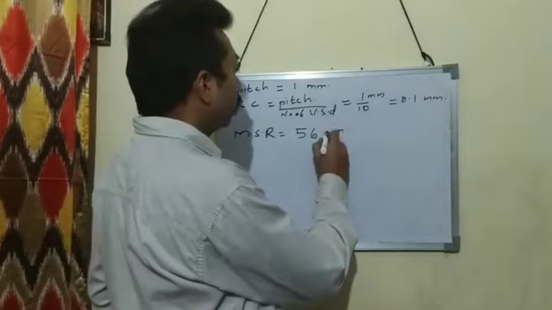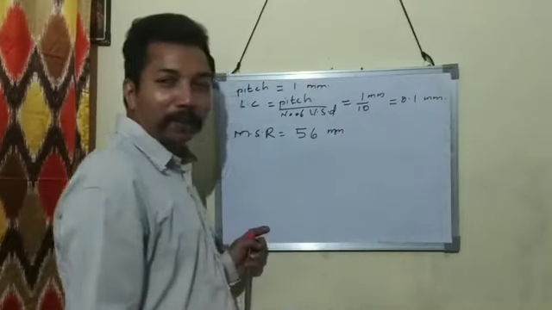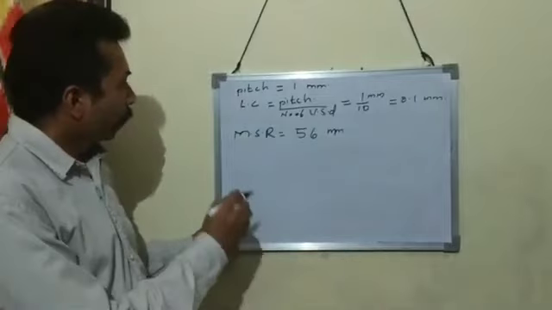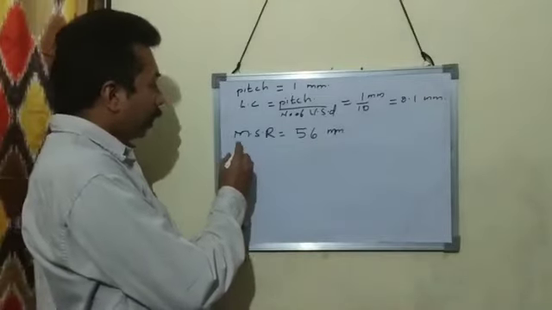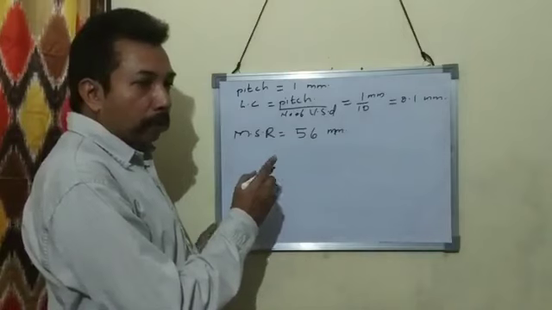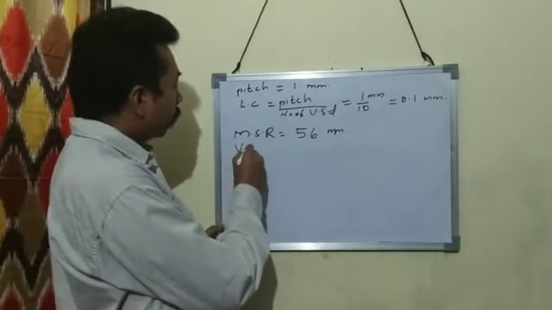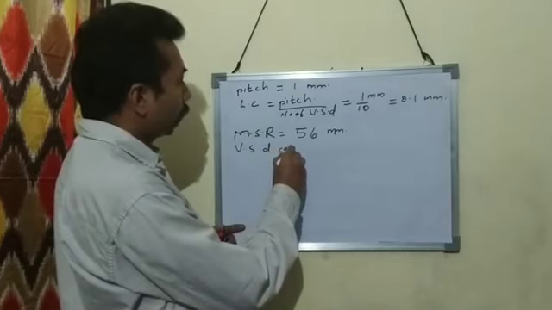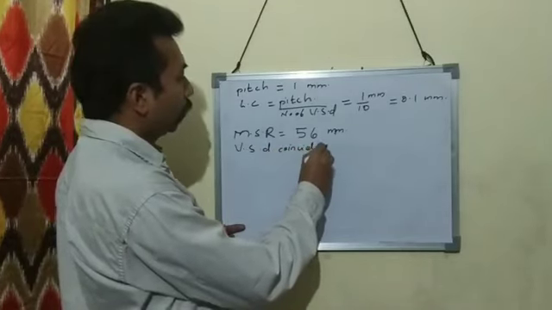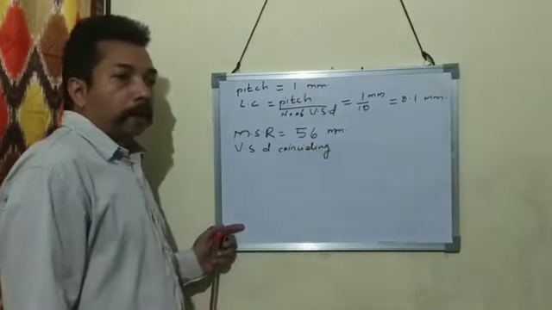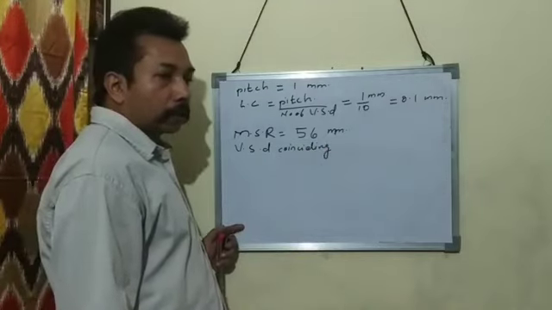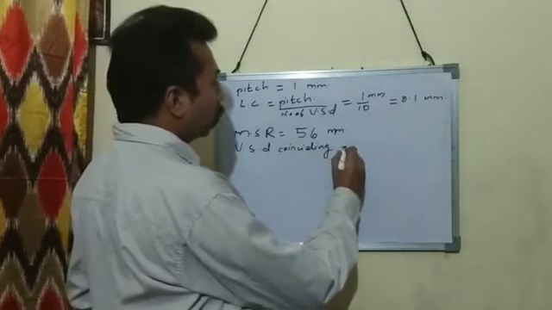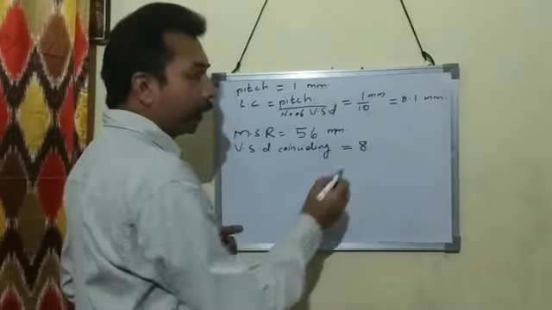Now we have to see the vernier scale division coinciding. The 8th vernier scale division coincides with the main scale, so the vernier scale division coinciding is equal to 8.